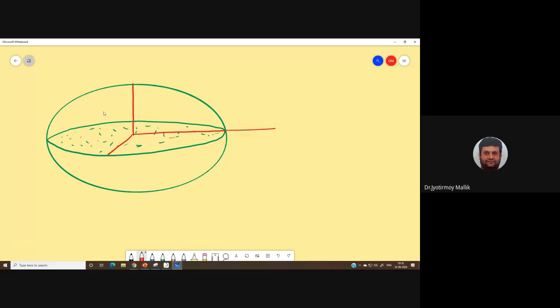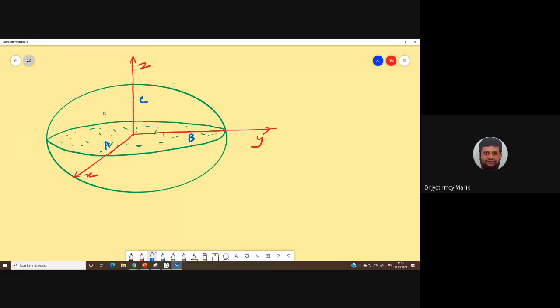Let's call them X, Y, and Z. Now, let us say the moment of inertia along the Z axis is C, the moment of inertia along the Y axis is B, and the moment of inertia along the X axis is A. If this were a perfect sphere, of course, A, B, and C would have been equal.